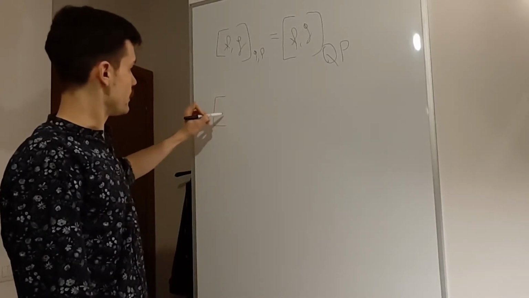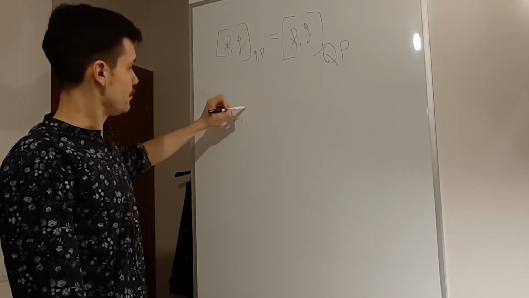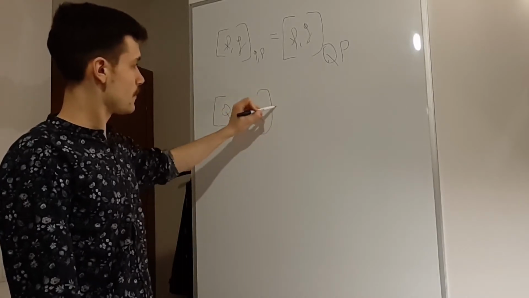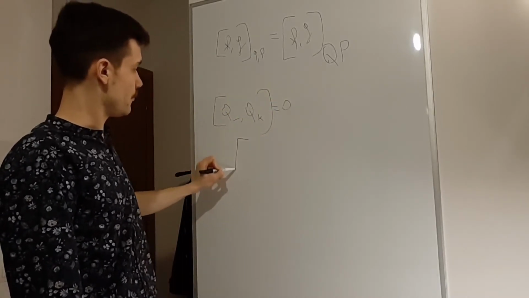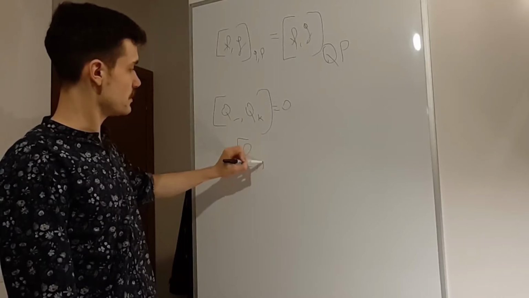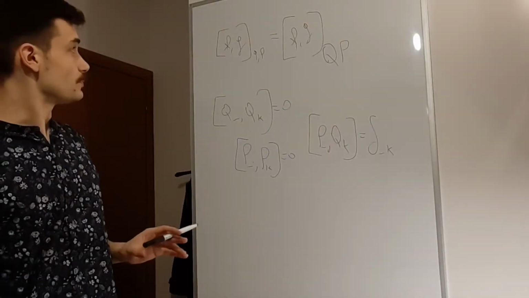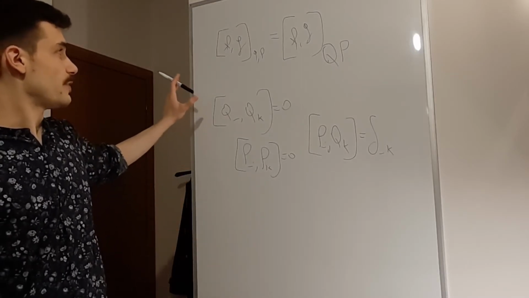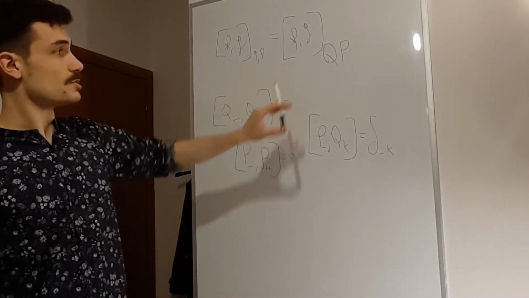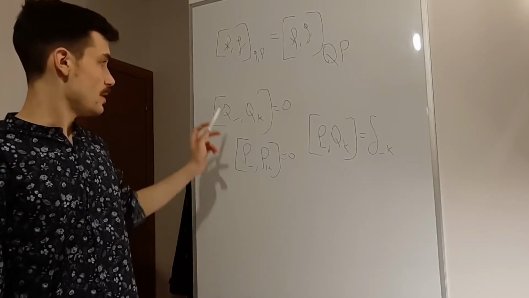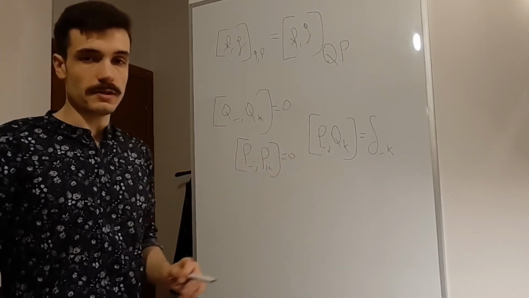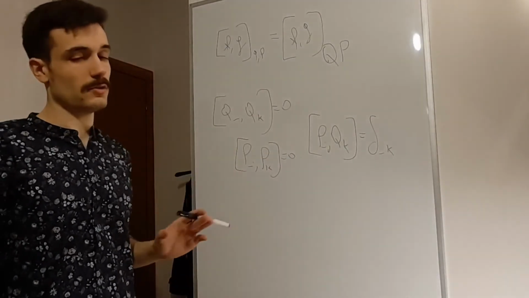Thus, we will again have the old rules of the Poisson brackets. They will be still valid for this new set of coordinates. So, we can simply impose the fact that the Poisson brackets should remain the same, and there should be the same rules that we had with the old set of coordinates.